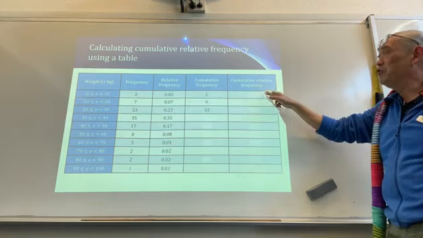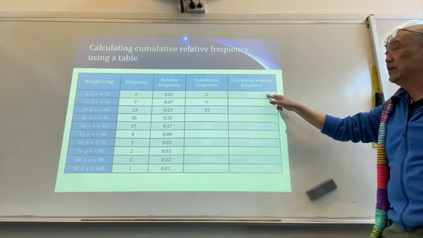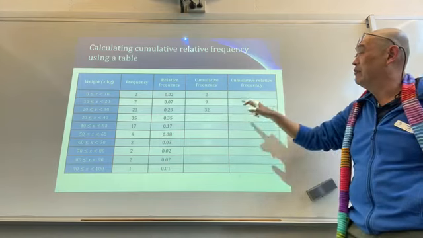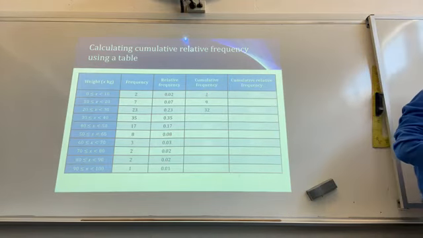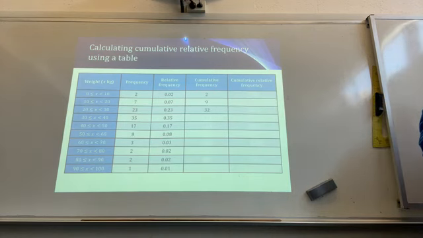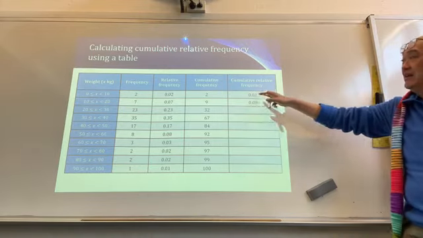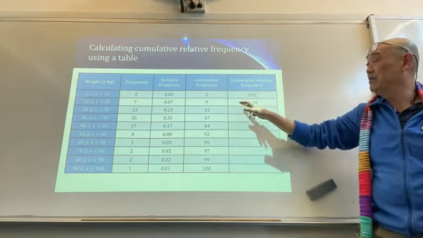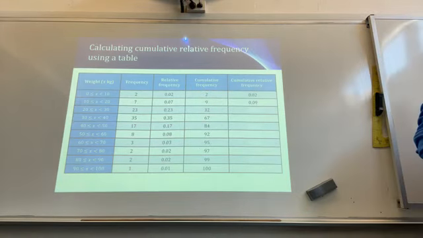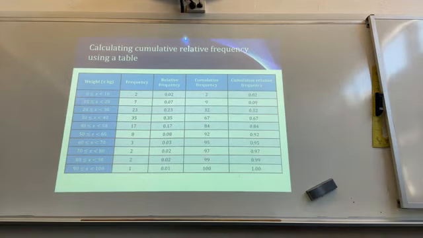So therefore, for cumulative relative frequency, it's 2 divided by 100, 9 divided by 100, because I've got 100 samples there, rather than adding those two together. So you can actually work out the cumulative relative frequency as well as the cumulative frequency.